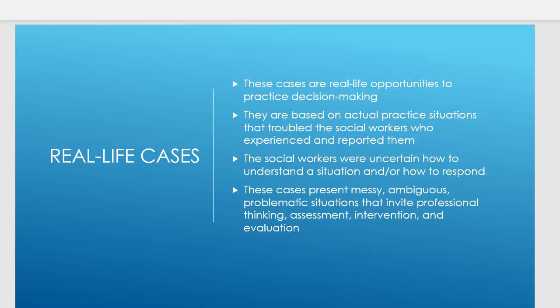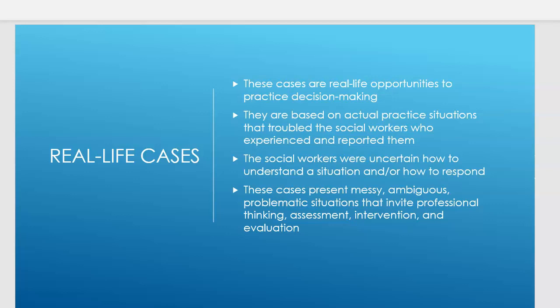The social workers in the cases were uncertain about how to understand the situation. They were uncertain about how to respond to the situation. And they may have been in conflict or identified an ethical dilemma on how to proceed.